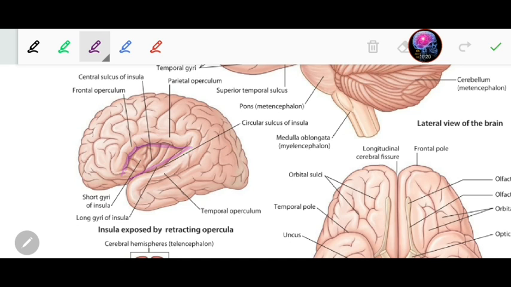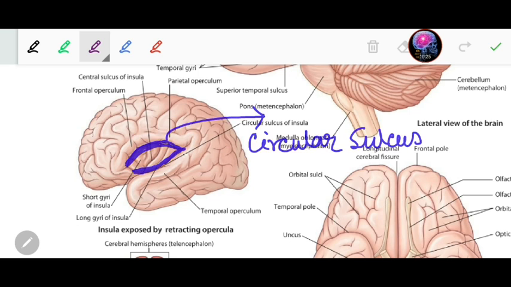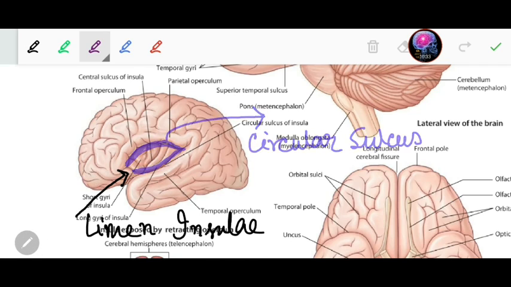It is triangular in shape and surrounded all around by a sulcus, which is called the circular sulcus, except anteroinferiorly at its apex, known as limen insulae, which is continuous with the anterior perforated substance.